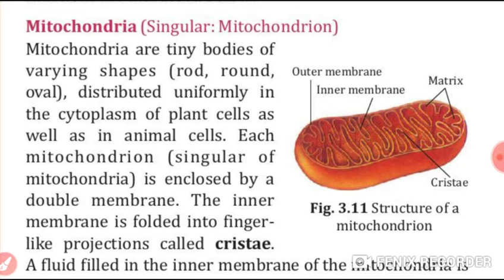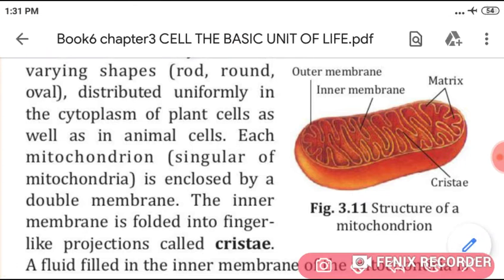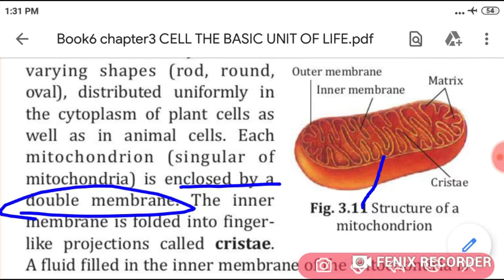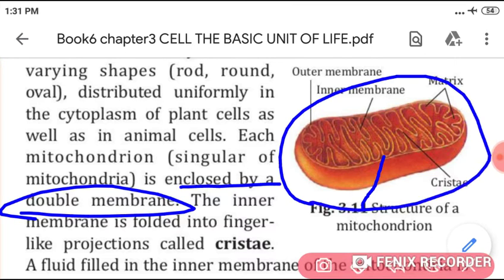Mitochondria, students, are tiny bodies of shapes like rod shape, round shape, oval, and they are distributed uniformly in the cytoplasm of the plant cell as well as the animal cell. This mitochondrion, students, is enclosed by a double membrane. Okay, you are seeing here in this structure.